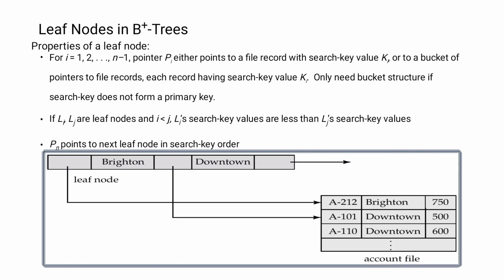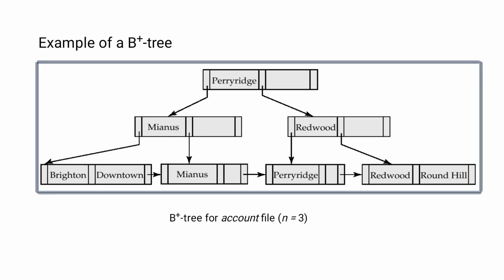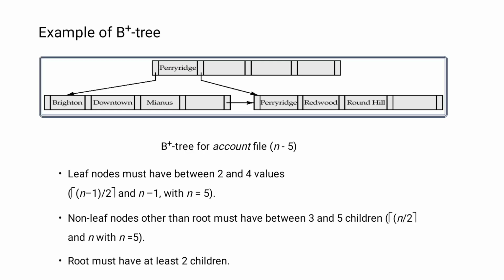And this figure shows a complete B+Tree for the account file for n equal to 3. And this one shows a B+Tree for the account file with n equal to 5.